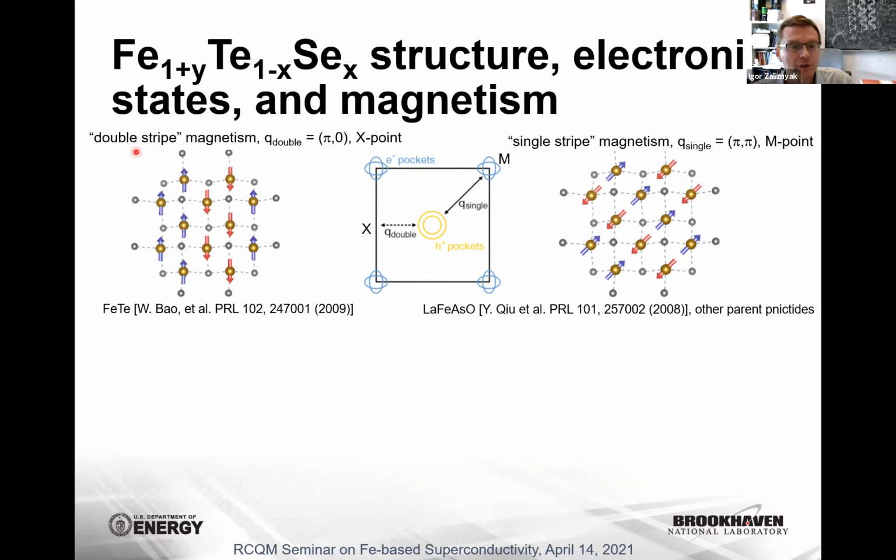This is the so-called double stripe ordering, which is difficult to explain in the simplistic itinerant electron picture based on the DFT calculation. On the other hand, the parent phases of pnictide superconductors do show the so-called single stripe magnetism with propagation vector pi pi, corresponding to this endpoint, and that can be rationalized by nesting.